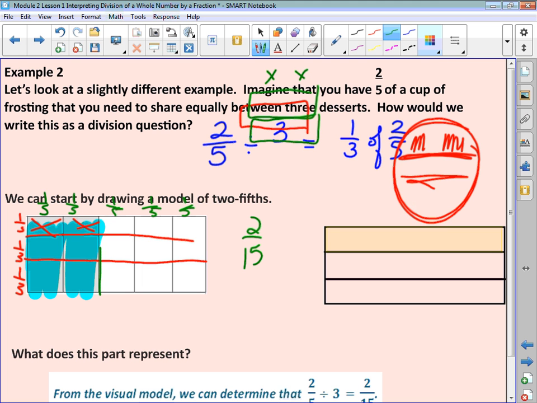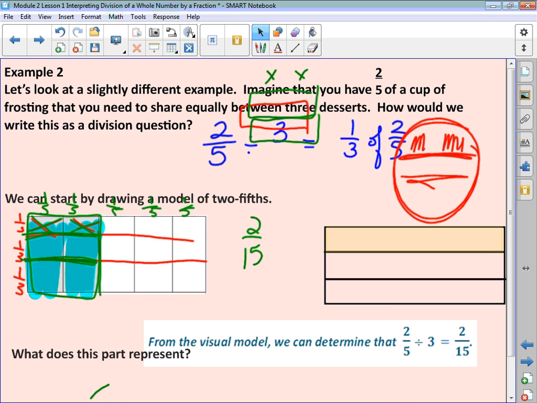So when I took my 2/5 and divided it by 3, I got 2 out of 15. We're going to do more practice. So here is your sentence that explains, we can explain that 2/5 divided by 3 is 2/15.